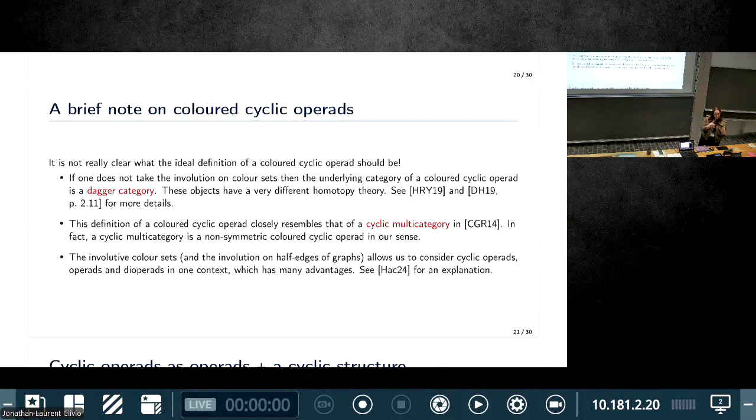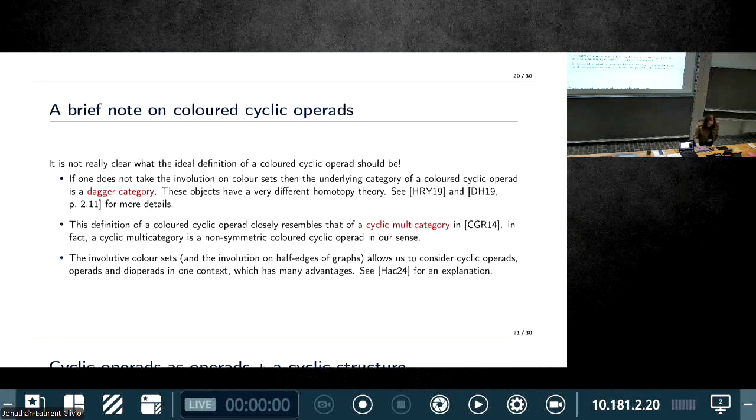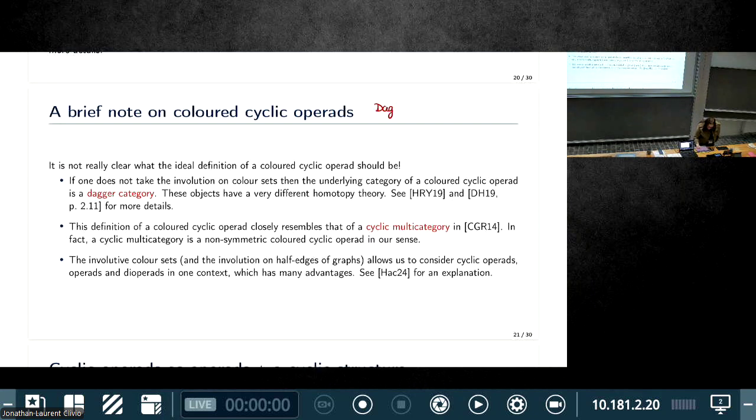So you could do this whole thing with colored cyclic operads, and then you have basically Dagger Cat sitting inside Sig. I'll tell you the reason that we decided that we don't like that is because the homotopy theory of dagger categories is a deeply unpleasant experience.